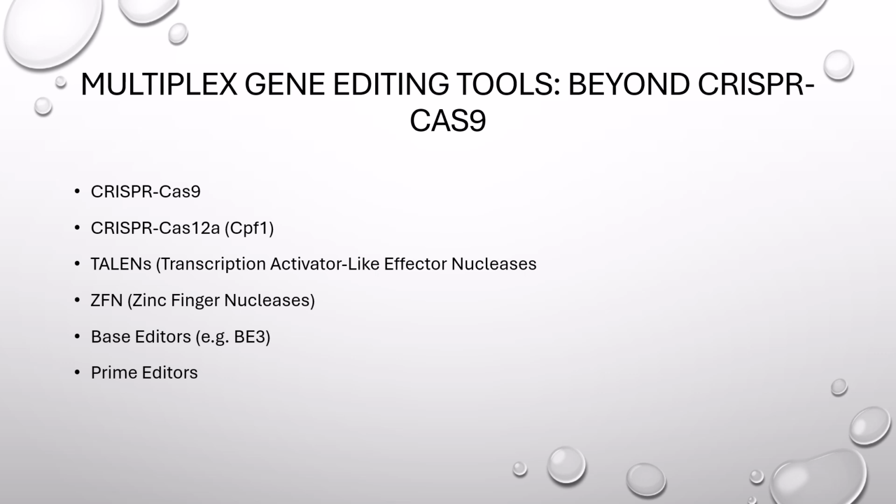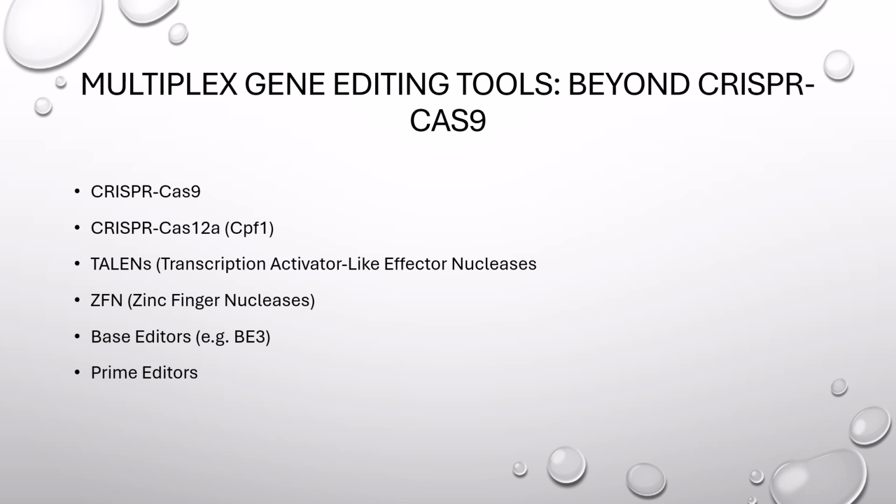And then you've got TALENs, which are transcription activator-like effector nucleases, and zinc finger nucleases, base editors, and prime editors. But CRISPR Cas9 remains the most versatile, and it's much more widely adopted due to its simplicity and the ability to simultaneously target multiple genes with different guide RNAs.